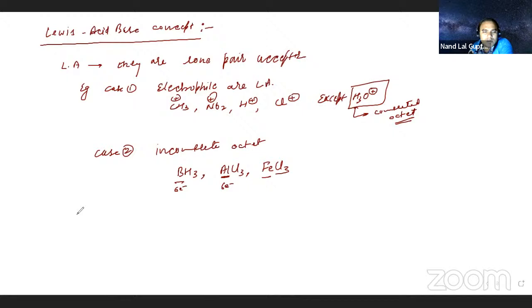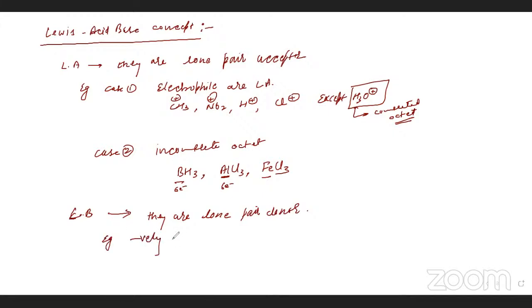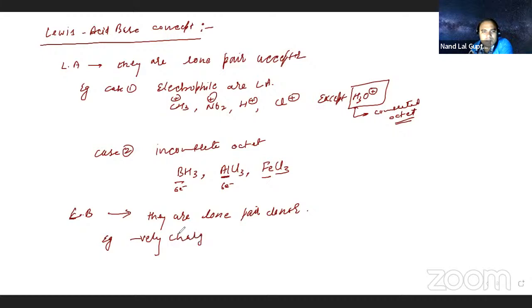Now if I write the Lewis base, what is going to be Lewis base? They are lone pair donors. Example 1: negatively charged species.